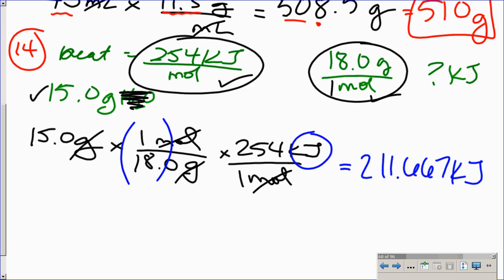How many sig figs do I want? 3, because everything has 3. 3 here, 3 here, 3 here. So I need 3. Round that for me. Right, 212, because the 6 affects the 1 to round up. 212 kilojoules.